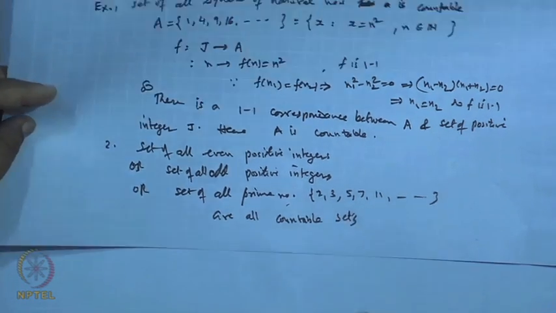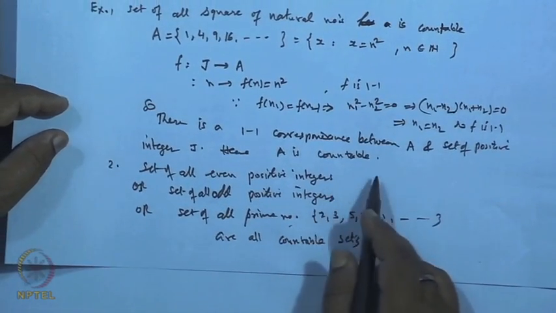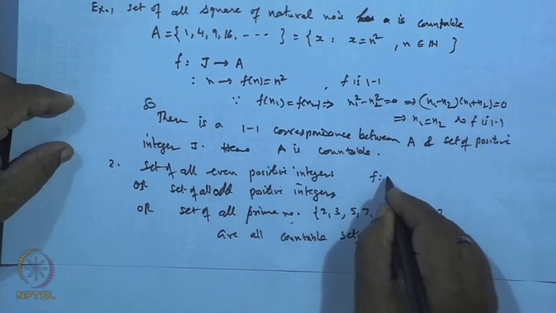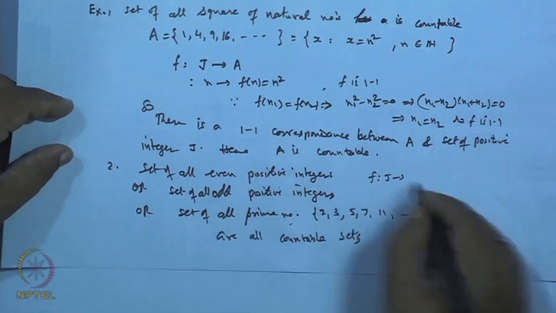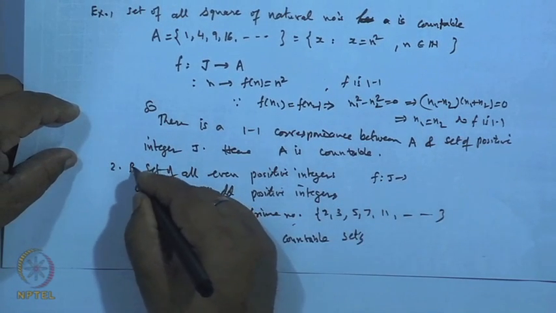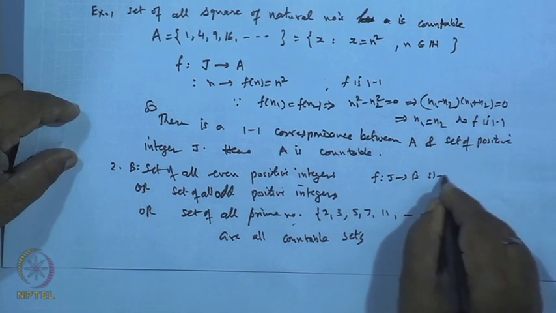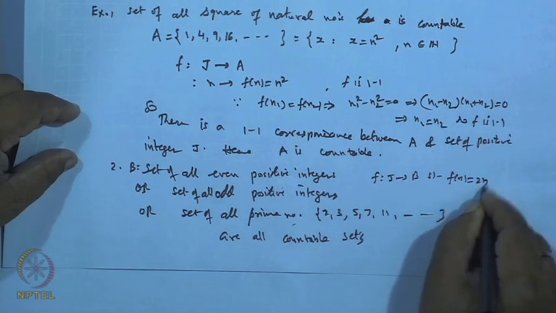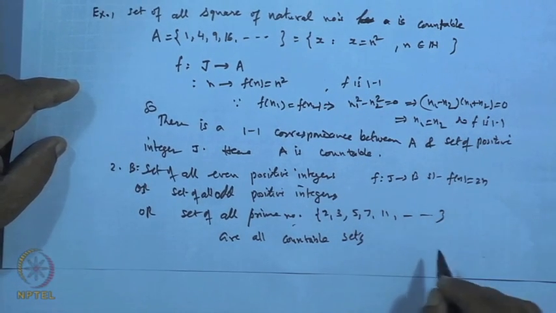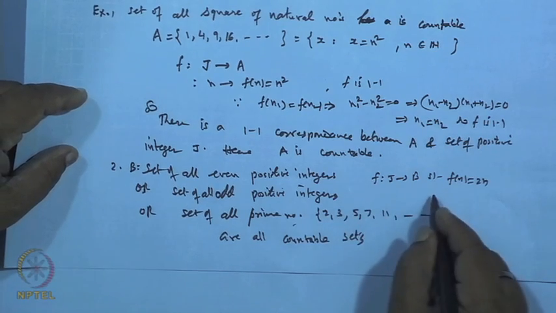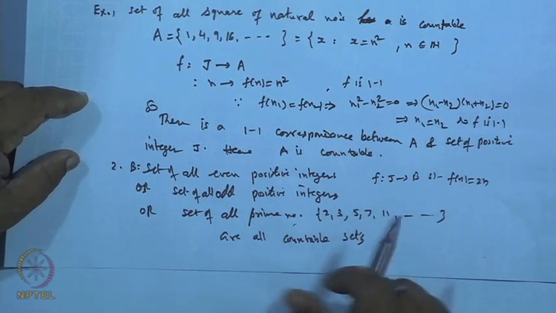For even positive integers, a mapping can be defined from J to this set, say B, such that f of n is equal to 2n. Then this is a 1-1 mapping and onto. Similarly, for odd integers, 2n plus 1, and like this. Similarly, for the primes also we can do that.